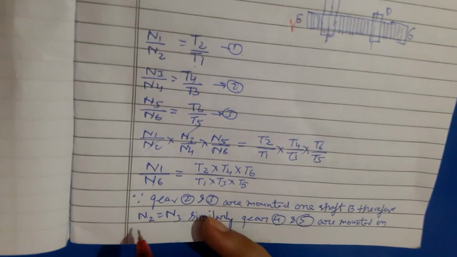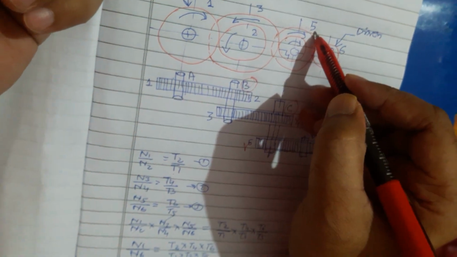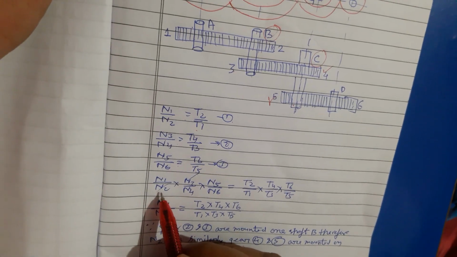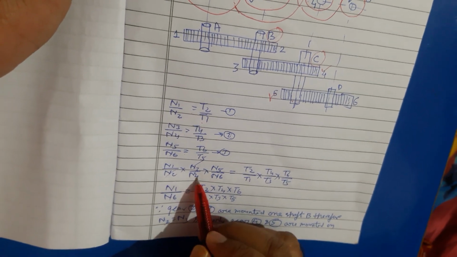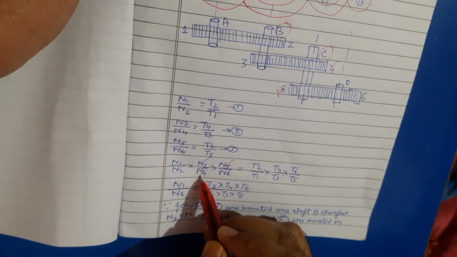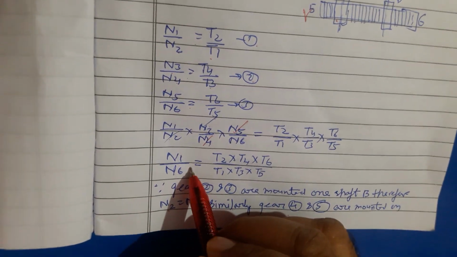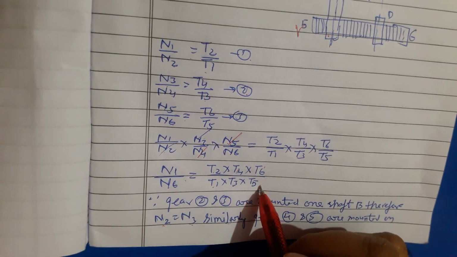So we can easily say N2 is equal to N3 and N4 is equal to N5. Applying this in the equation, we cancel out: N2 is cancelled by N3 and N4 is cancelled by N5. So the rest is N1 upon N6 equal to T2 upon T1, T4 upon T3 and T6 upon T5.